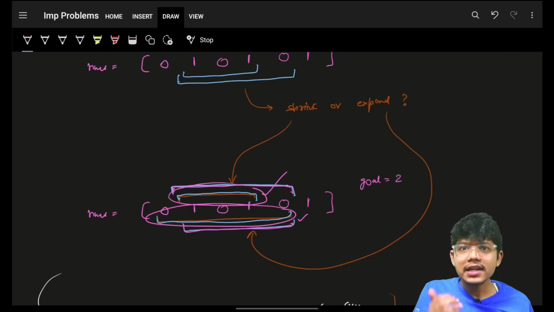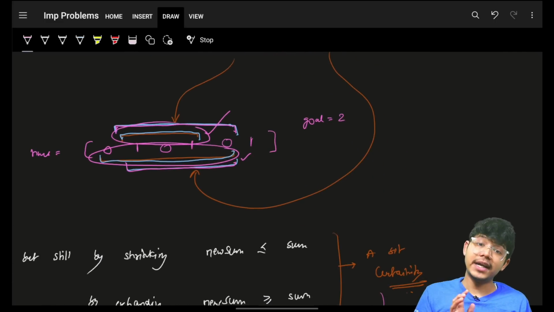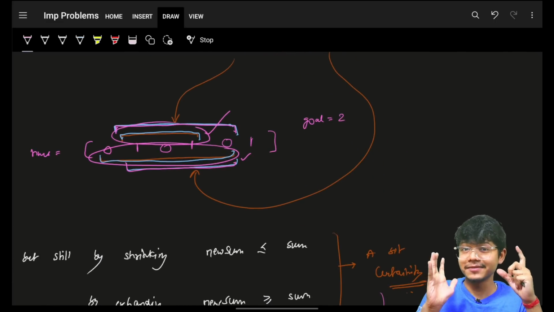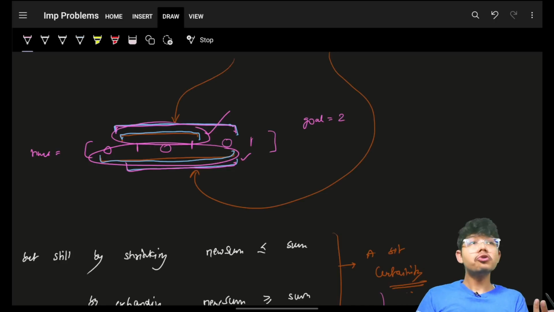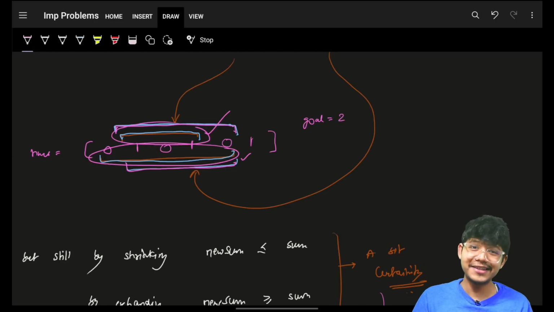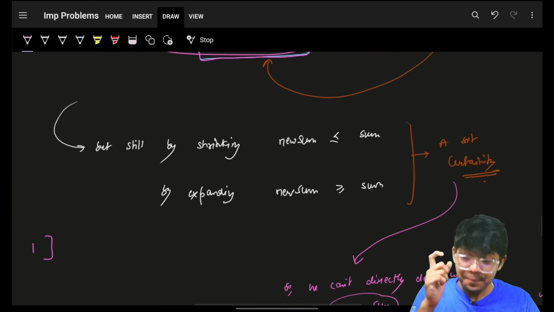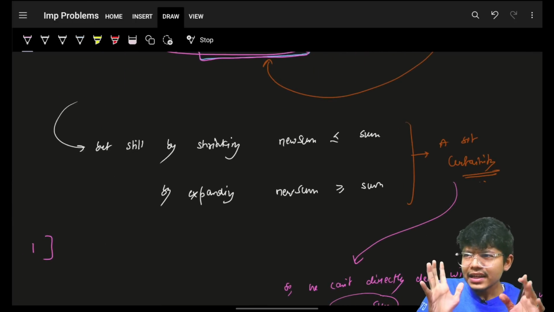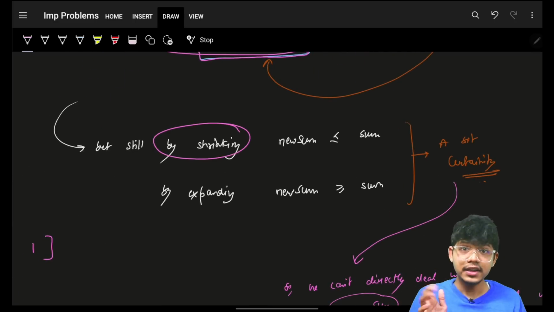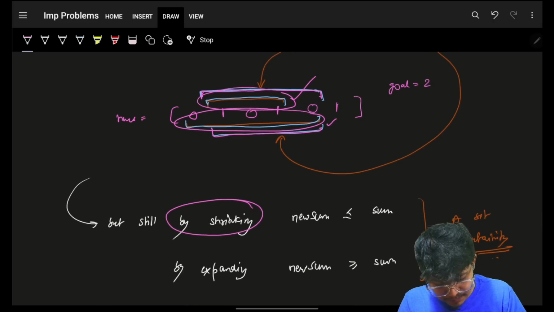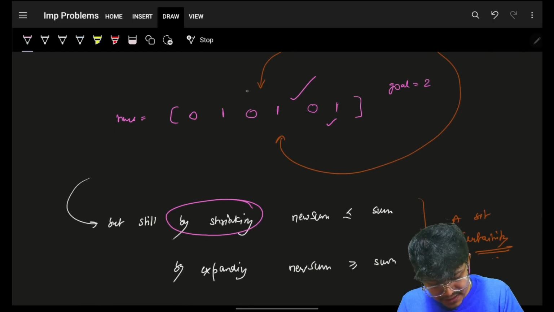Which means simple two pointers cannot be applied here. We have to use some other magic. That's the reason people just tell you, oh, it's so simple, apply two pointers. It is not that simple. Now we have got the issue. Let's come back. Let's erase this. If we start by shrinking, i here, j here.